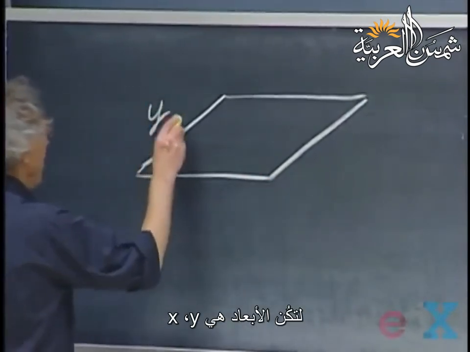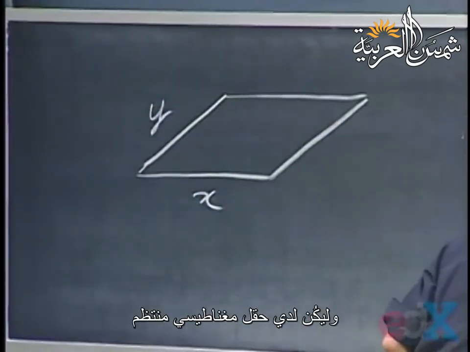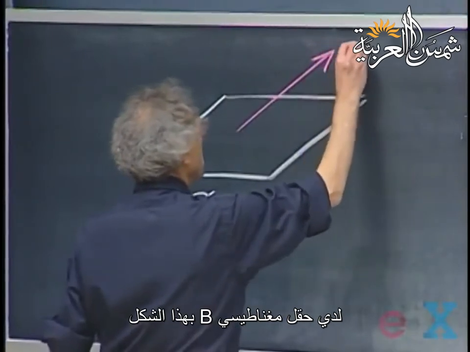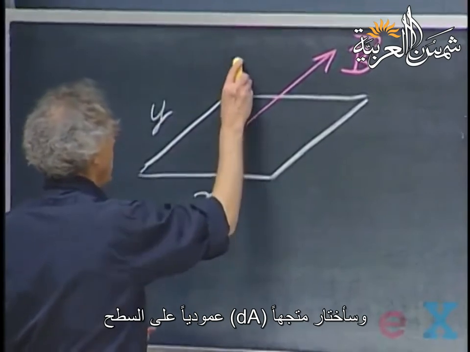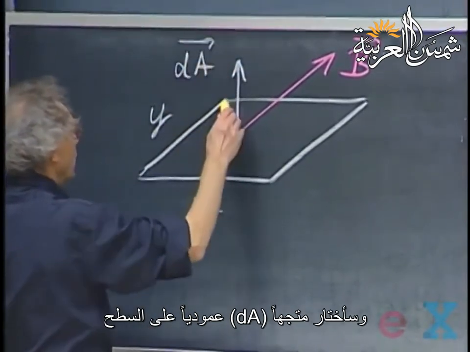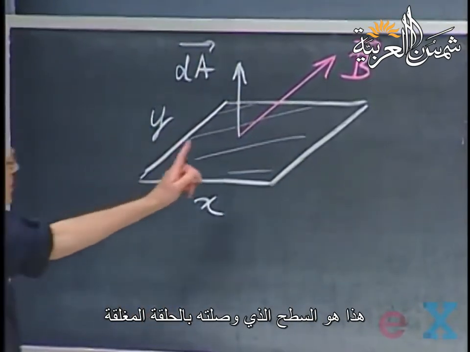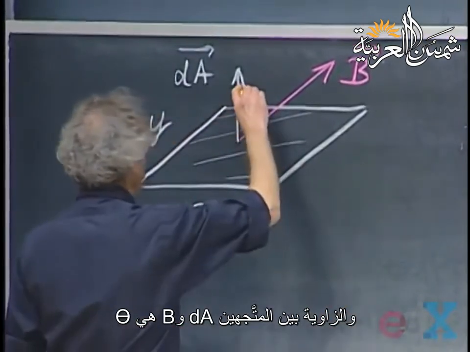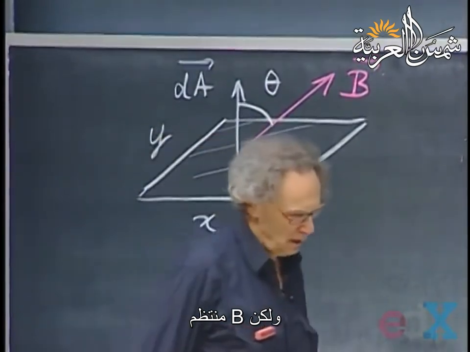Let the dimensions be y, x, and let I have a uniform magnetic field, magnetic field B, like so, and I choose as the perpendicular vector to my surface dA. This is the surface that I attach to that closed loop. I choose it pointing up. And so the angle between dA and B, say, is theta, but B is uniform.